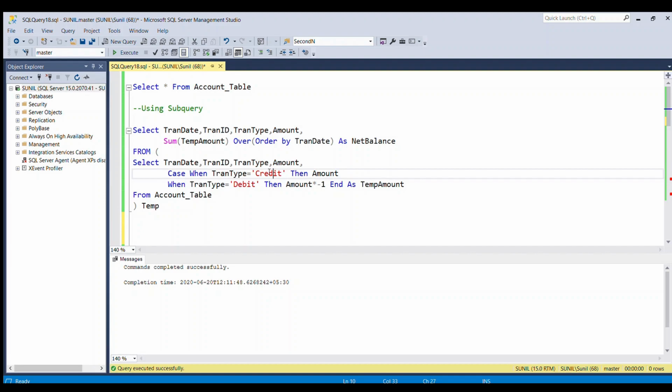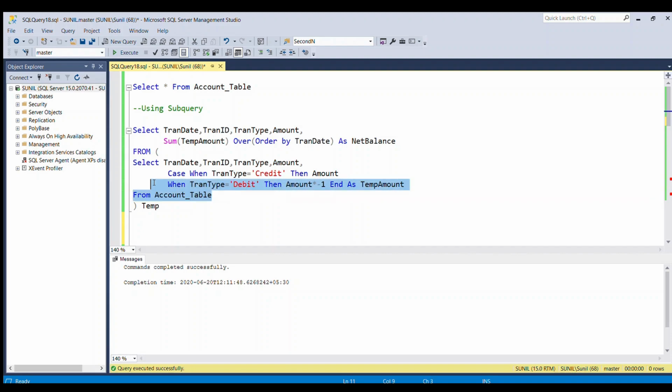I'm converting this by using a case statement. What I have written: case when transaction type is equal to credit, then populate the amount itself. When the transaction type is equal to debit, then I'm converting the amount into negative by multiplying the amount with -1, and I'm giving the alias as temporary amount.